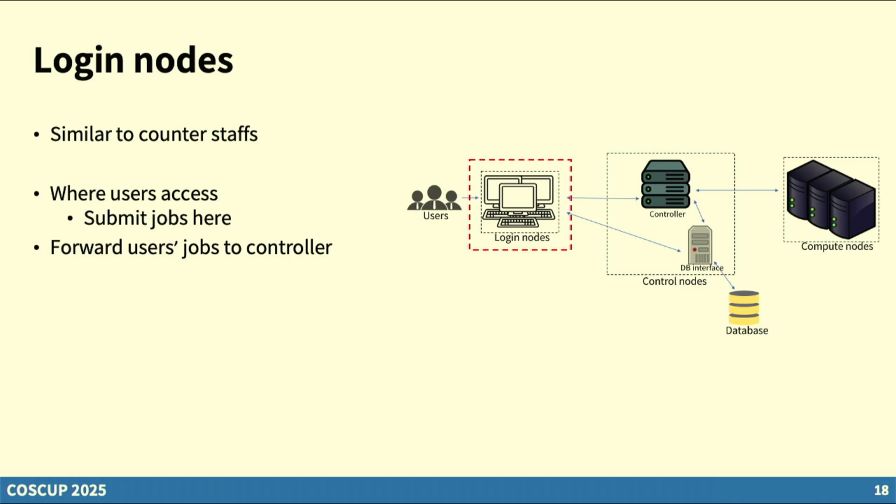The first role is login nodes. I think it's like a counter staff, because it's the first station where users access, and the user will submit jobs here. What login nodes do is some simple checks, and then forward your job to a controller.